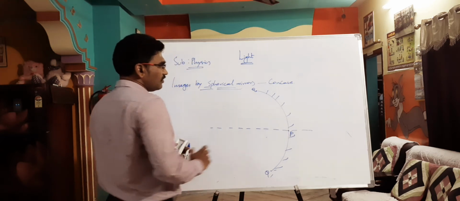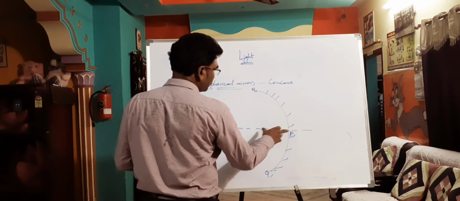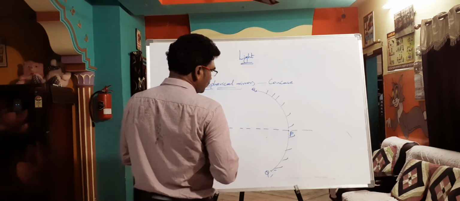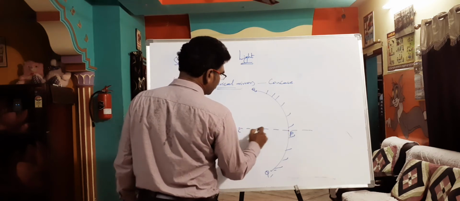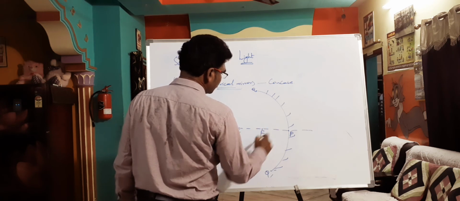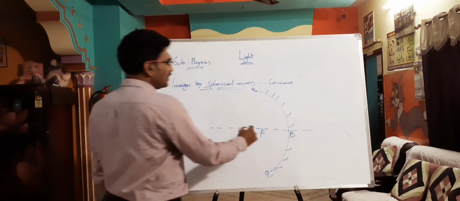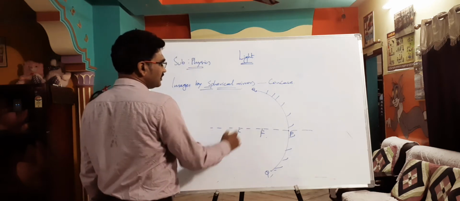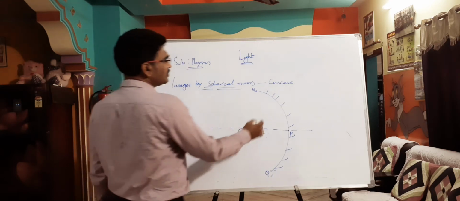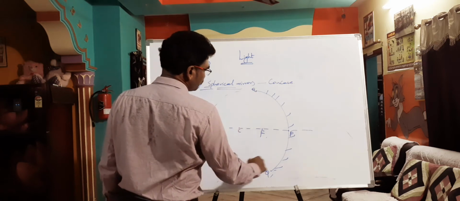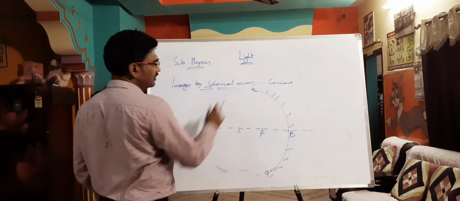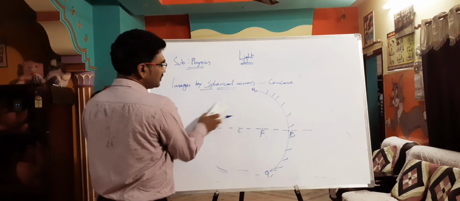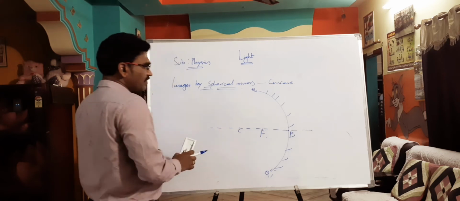Here we take this as the center and this as the principal focus. Already we discussed in the earlier class that this is the principal focus and this is the center of curvature. And this mirror is a part of a sphere, so you should understand it is a spherical mirror.